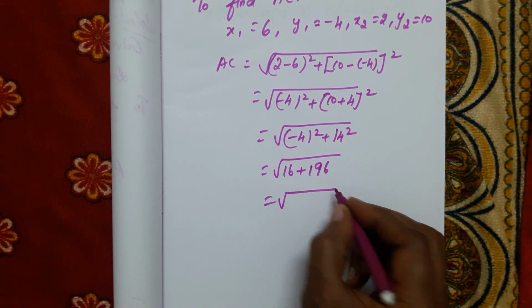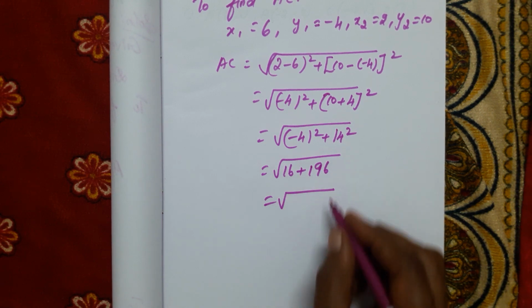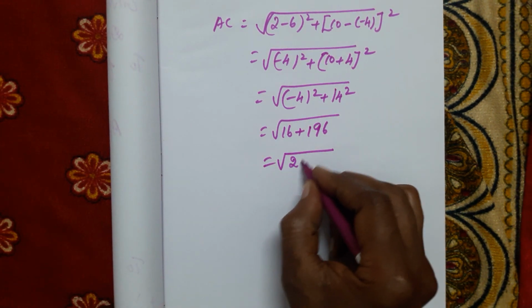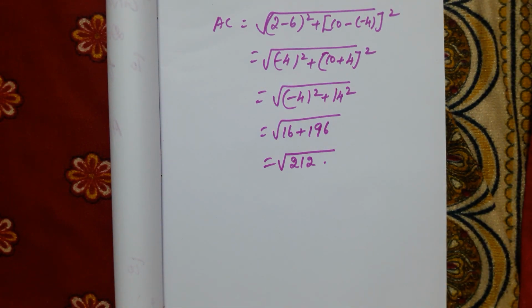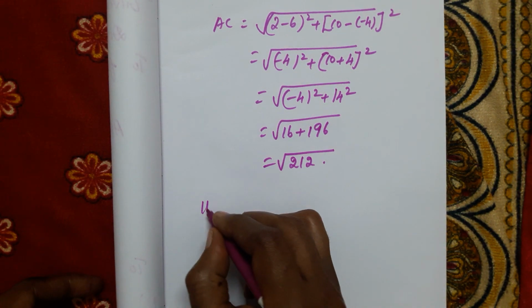When we are adding, what are we getting? 16 plus 196, root 212.